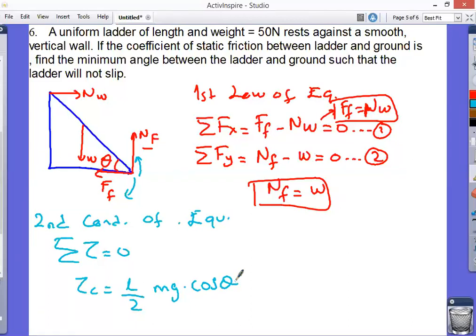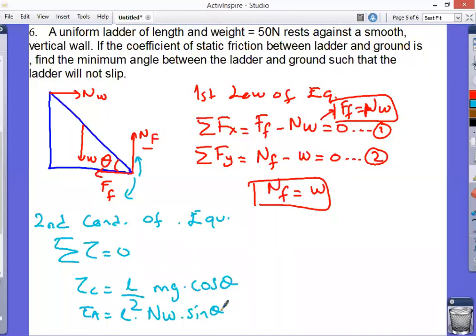And then let's find the anti-clockwise torque, which is going to be L times the normal force due to the wall times sine theta. This is the anti-clockwise torque. So now let's make these two equal, because the total torque must be zero.